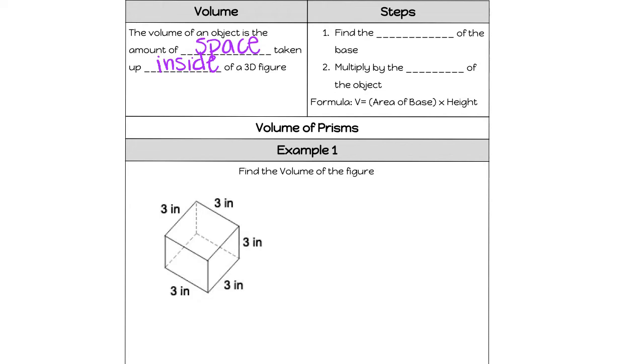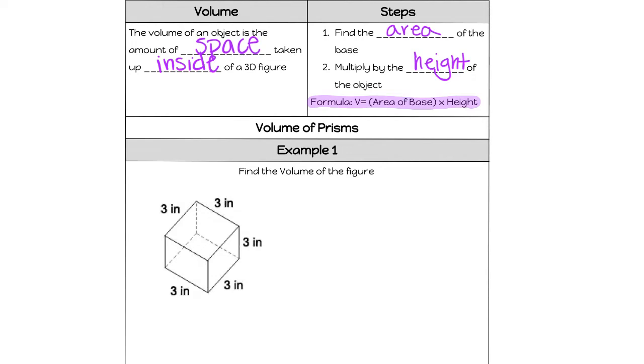Volume is inside. So there's just 2 steps. First you find the area of your base shape, and then you multiply it by the height of the object. So here's a formula you can remember: area of base times height.